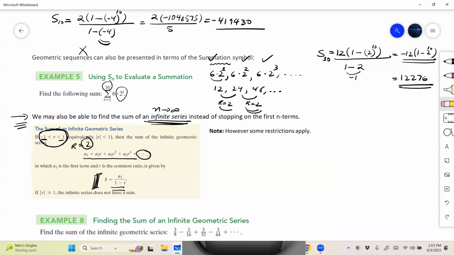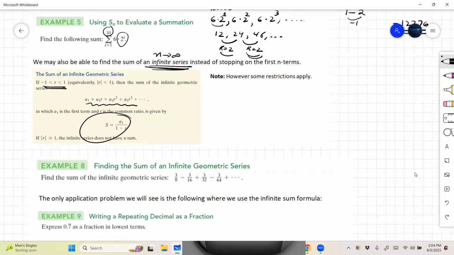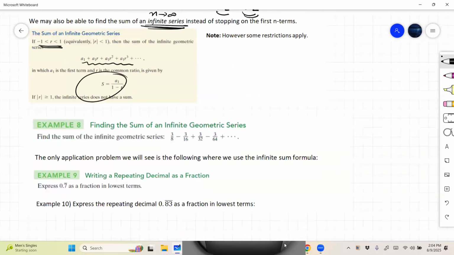This scenario here is what we call the sequence converging, and the sum of the sequence is going to be a finite number. So this is only for finite sums in the case that the ratio is less than 1 and greater than -1. So you have to verify that before you proceed with the formula. So don't go blindly, okay? You have to check it first.